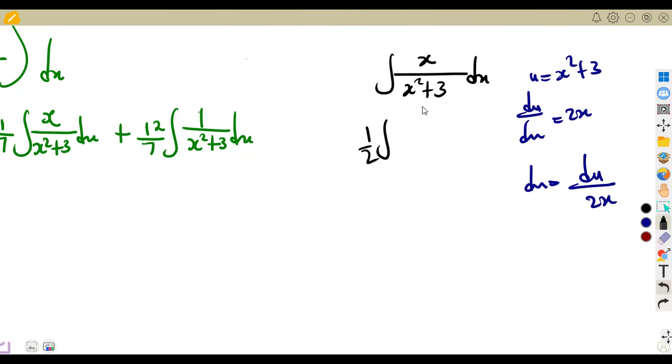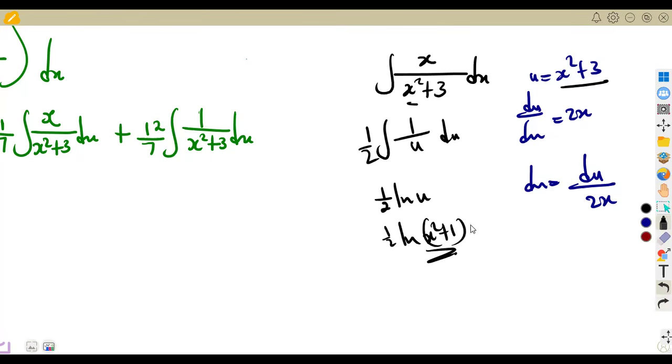The integral of 1 over x squared plus 3, which is represented by what? By u, like this, with respect to u. So if we integrate 1 over u, that will be a ln, so it will be ln u, which in this case is ln of x squared plus 3. So that is how you integrate this. We are supposed to apply the substitution method in that case.